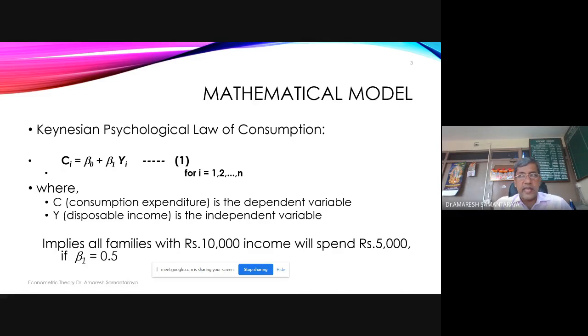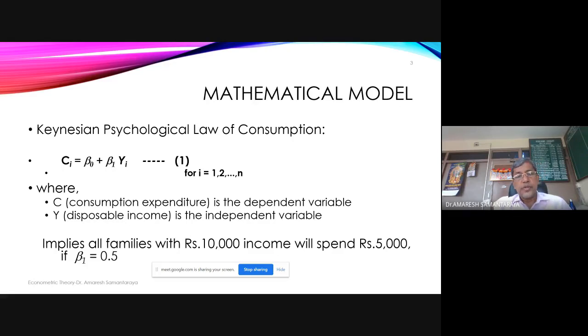Those factors can be family size, or the residence, where it lies, whether it is a more affluent society or a relatively poor society. And you can think of so many other factors to explain these variations in the increase in consumption due to an increase in income by the same amount.